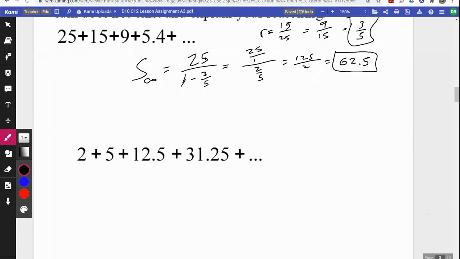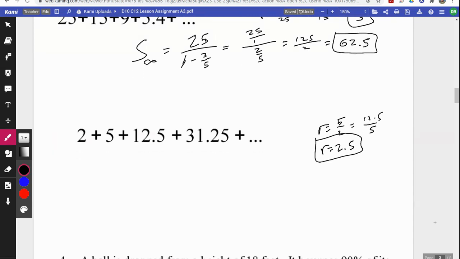This next one, I can see that r is 5 over 2, or 12.5 over 5. So it's going to be 2.5. Now, because r is 2.5, that means each next term is going to be bigger than the previous. So if you added up an infinite number of terms, your sum would just increase without bound.